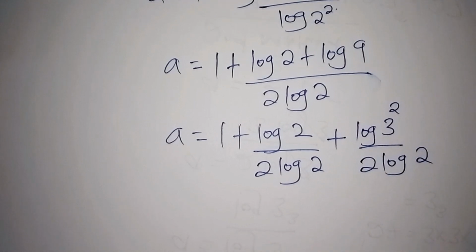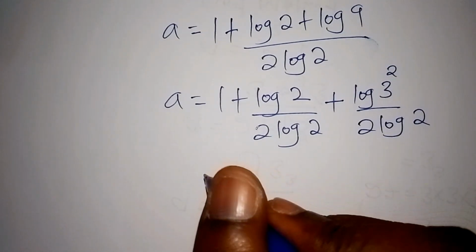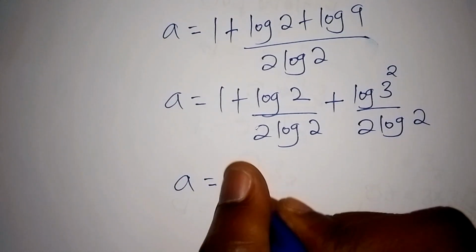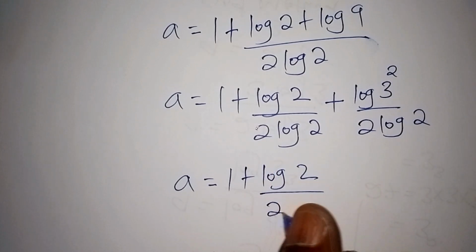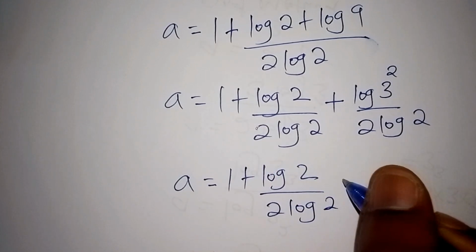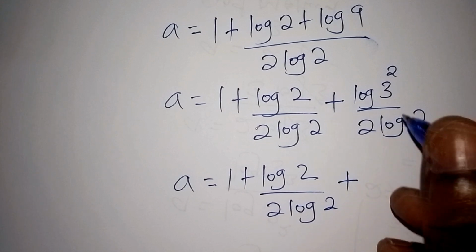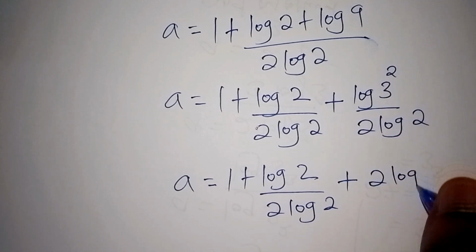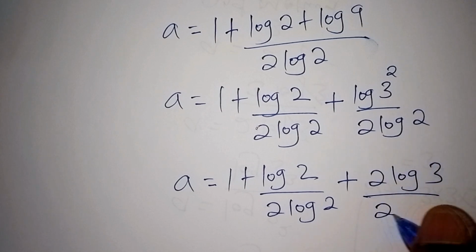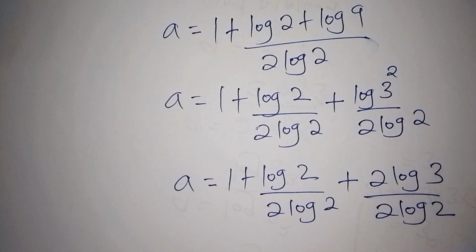So now let's rewrite it: 1 plus the log of 2 all over 2 log 2 plus, the log of 3 to the power of 2, we shall have 2 log 3 all over 2 log 2.